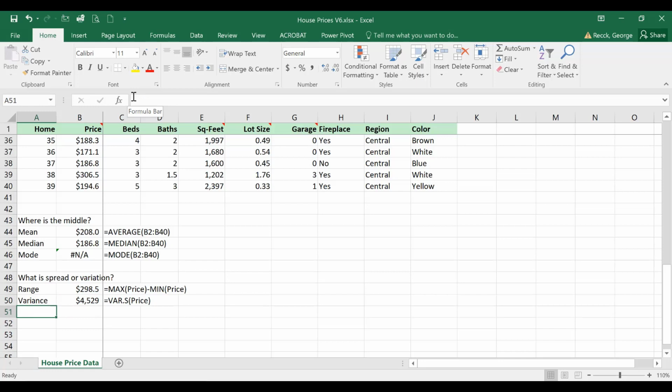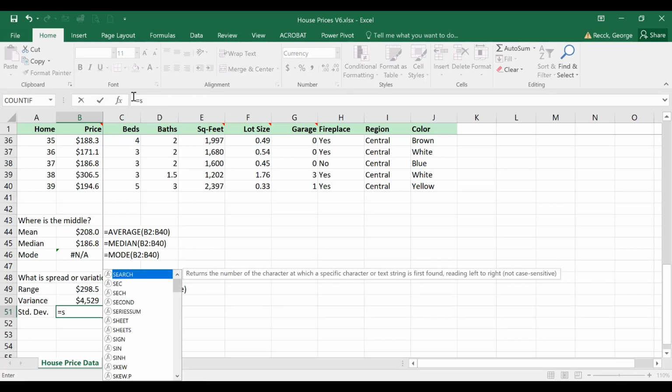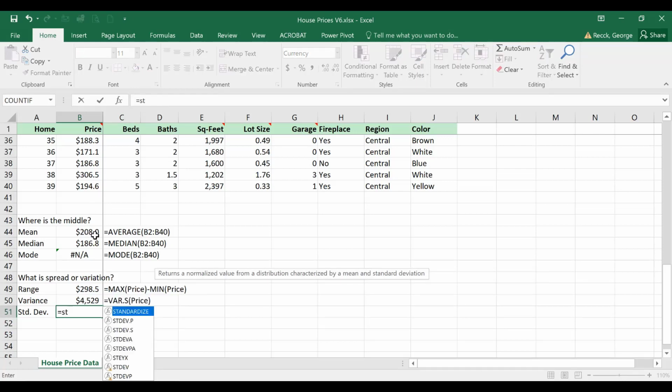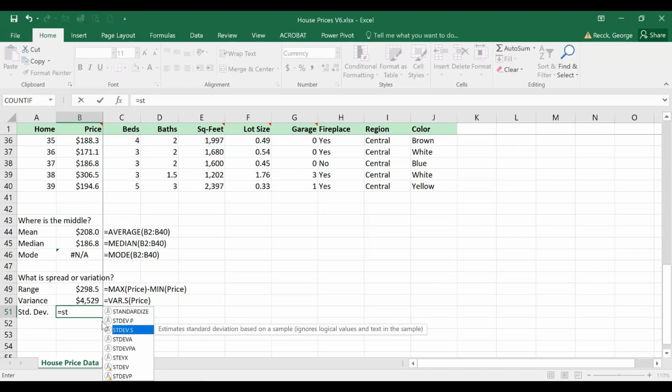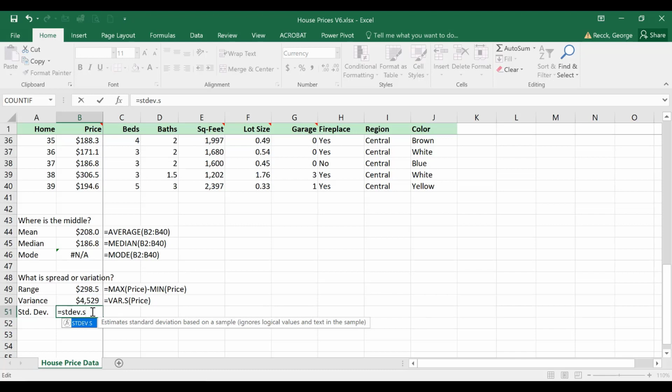The next calculation I'm going to abbreviate to STD.DEV, standard deviation. And just like the variance, I can say equals and start typing ST, and you'll see that there's an STDEV.S. It estimates the standard deviation based on a sample.